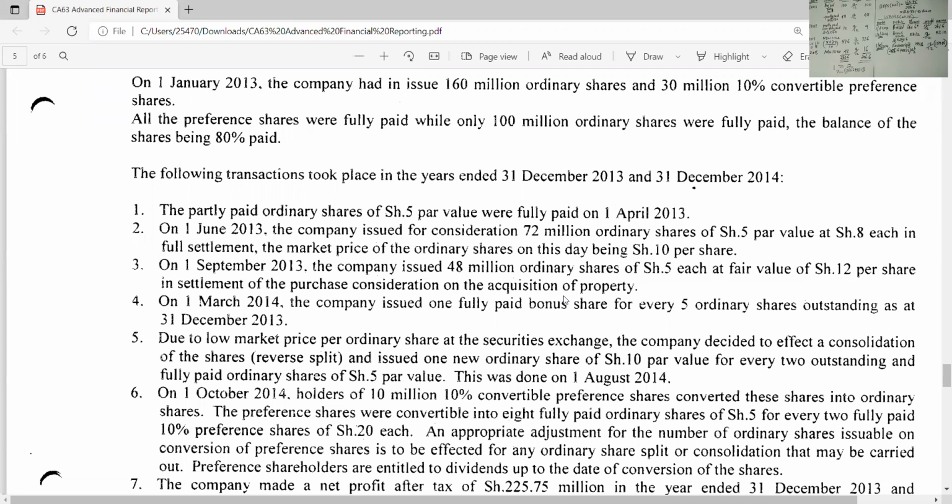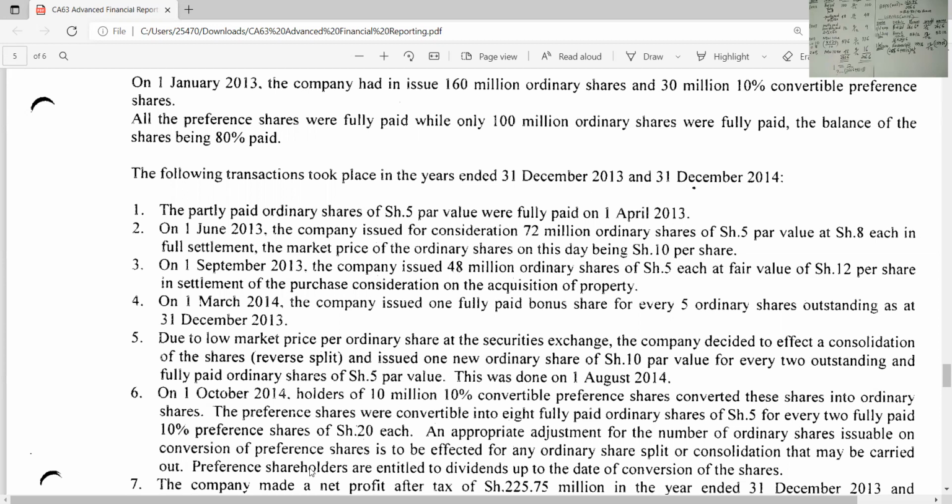Remember that when I'm doing basic earnings per share and the WANOS, the weighted average number of ordinary shares, we weigh ordinary shares. So why am I considering convertible preference shares? I will consider them only if they are converted specifically to ordinary shares.